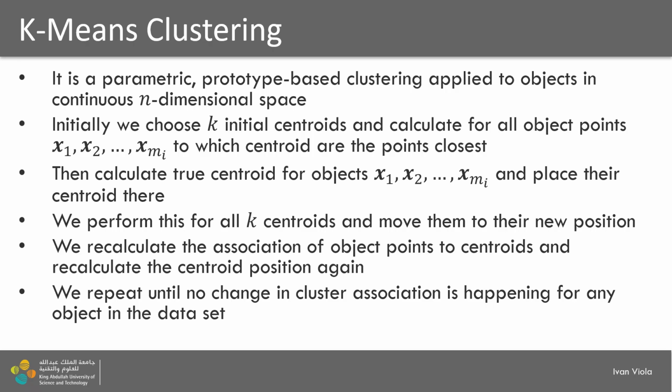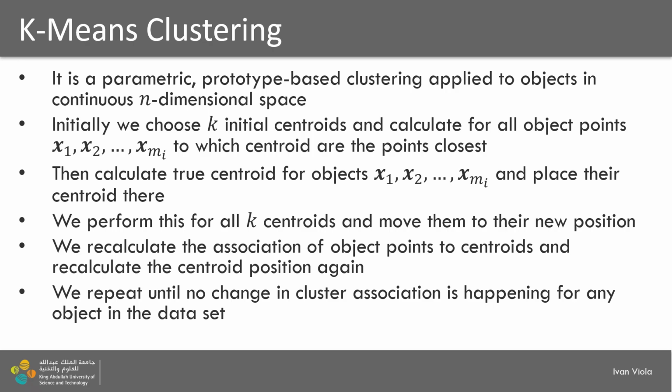And that will mean that we will perform this centroid repositioning for all the centroids, for all k centroids, and move them to their new position. And then we recalculate the association of the points to the centroids.